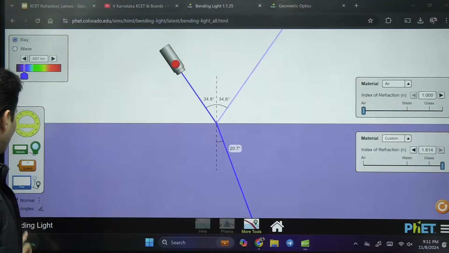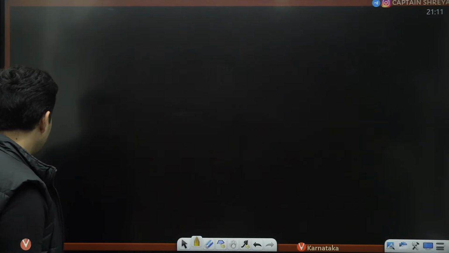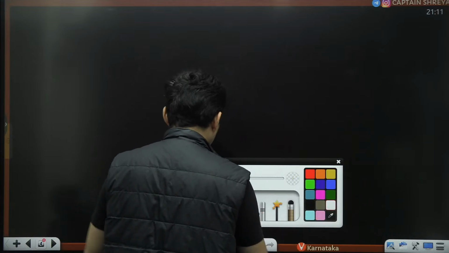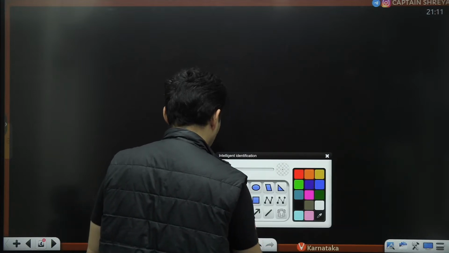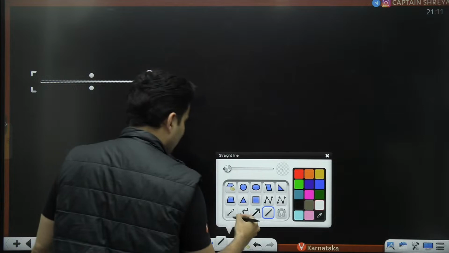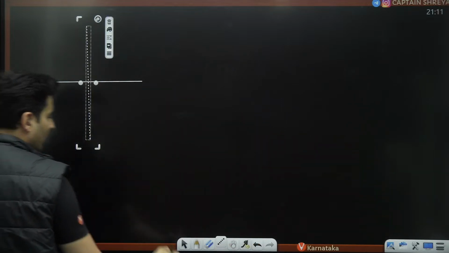Now let's come to the formulas, of course, and the diagrams. Okay, let's have a look. Say for example, we have this as the medium interface, and we have this as the normal.